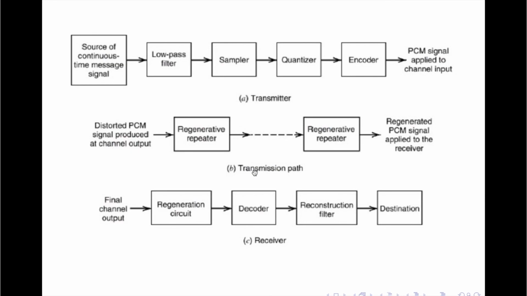However, the moment you introduce multiplexing into the system, it becomes very essential to introduce synchronization between the transmitter and the receiver. This synchronization is going to make sure that the transmitted signals will be delivered to the corresponding and respective destination users. With that, we come to the end of this brief discussion on pulse code modulation.